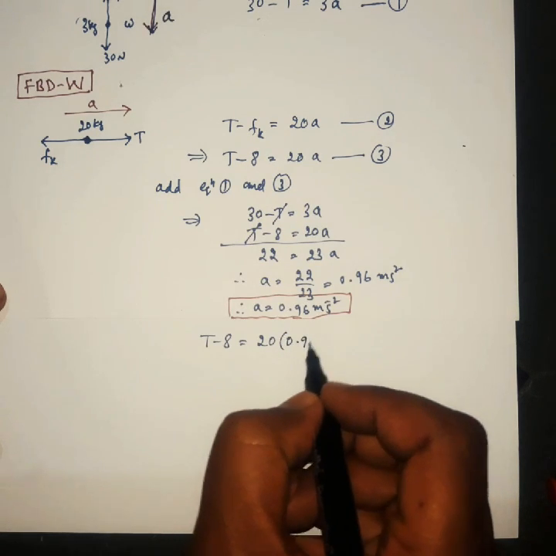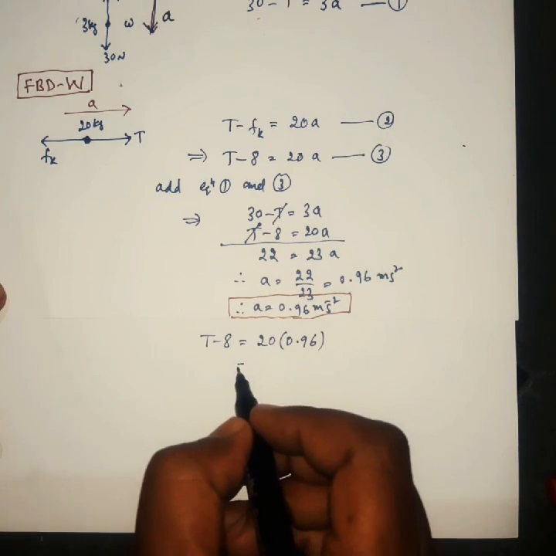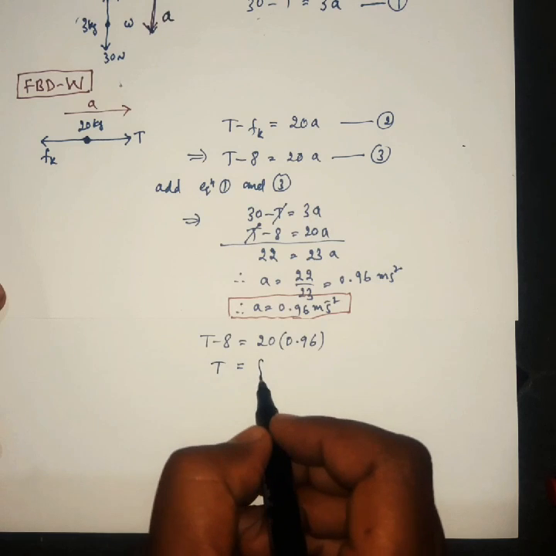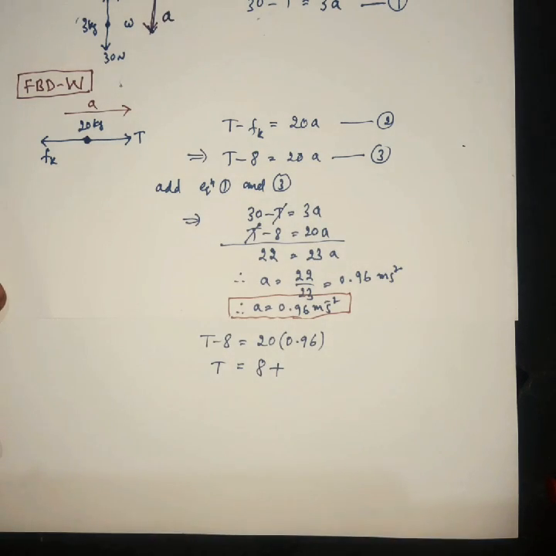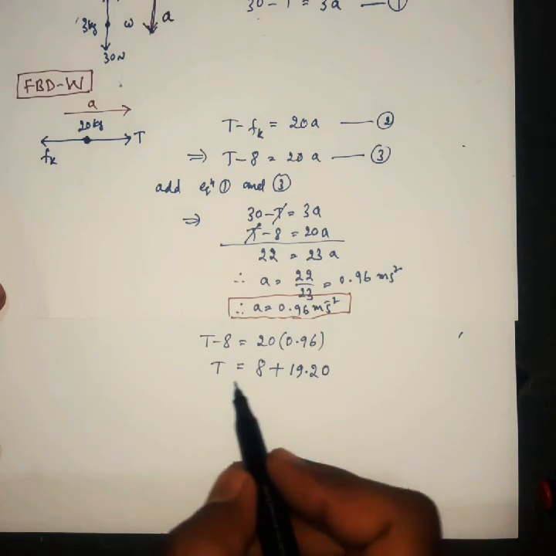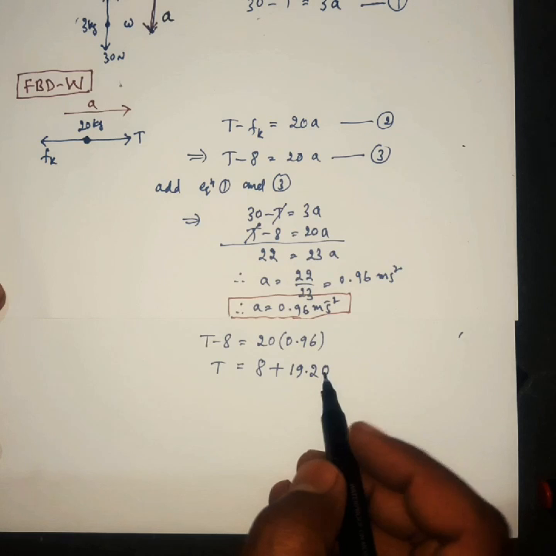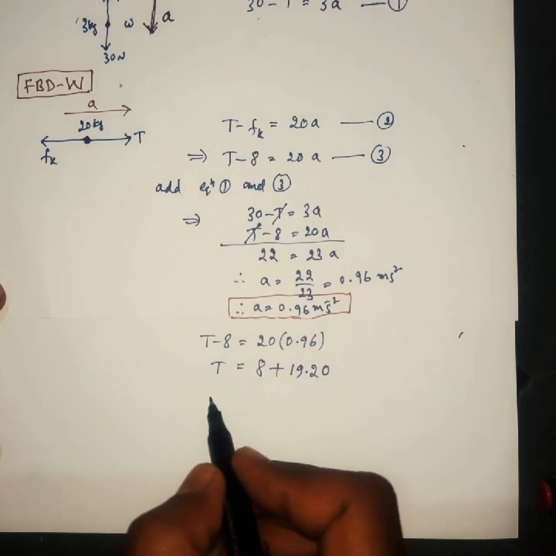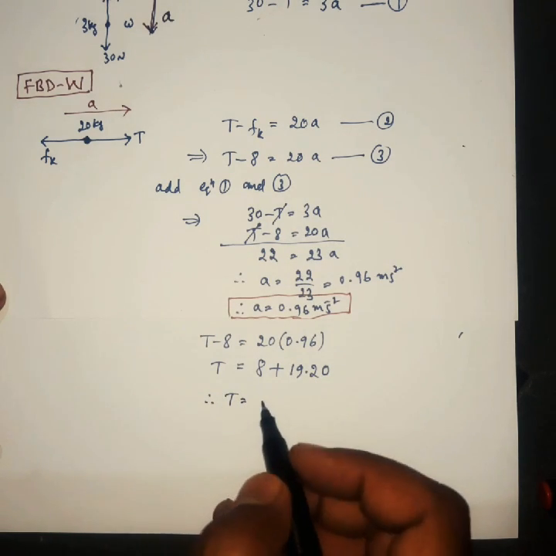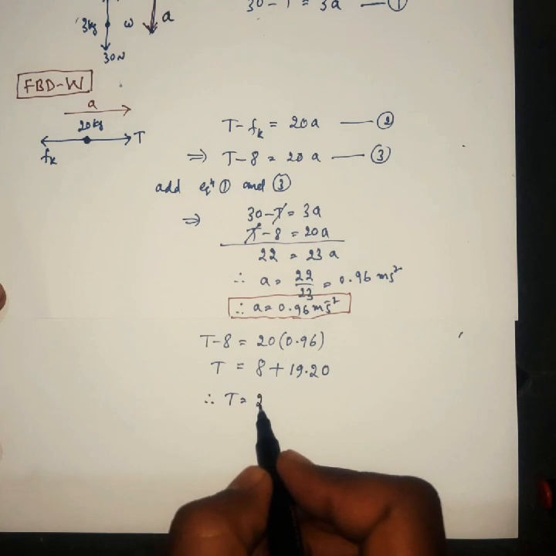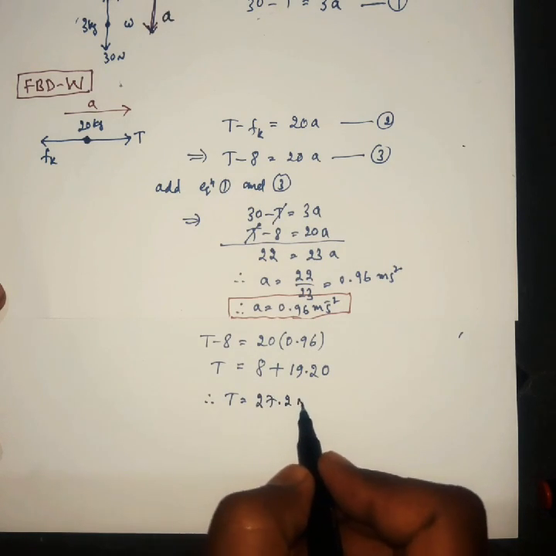A is equal to 0.96. So here T is equal to 8 plus 19.2. So finally, therefore T is equal to 27.2 newtons.